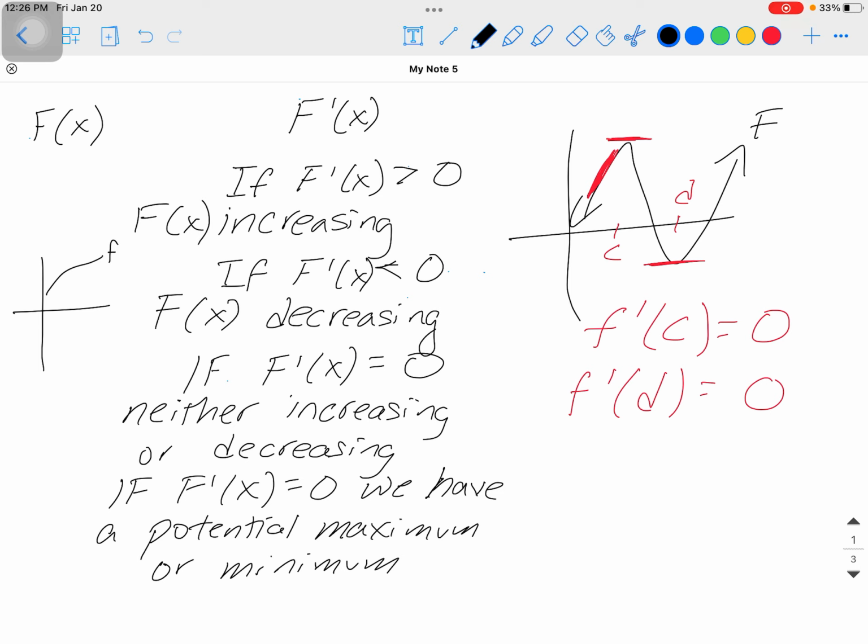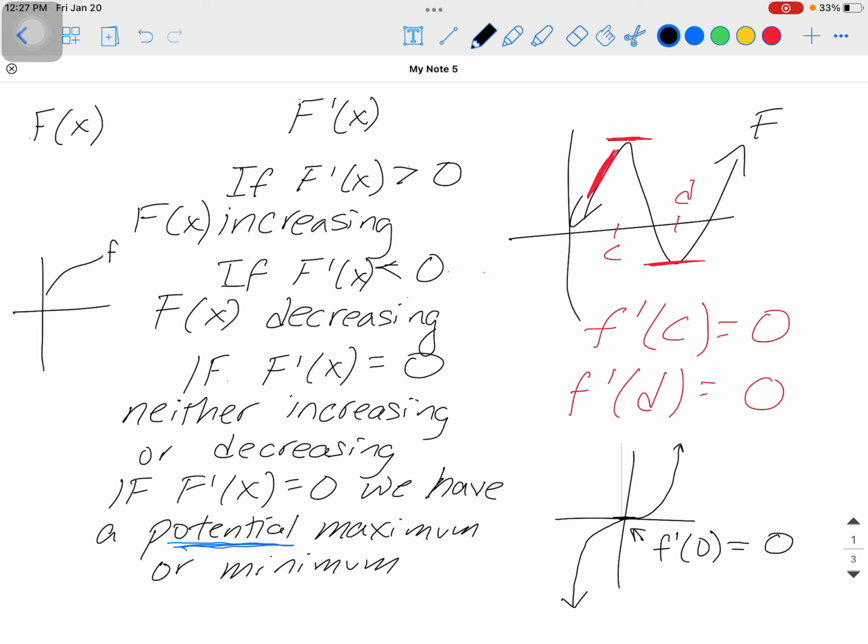There's also a third scenario. There's this word potential over here. But there's this third scenario where you could have a graph coming up, and there's this moment where the tangent line or the derivative, my graph's not perfect, but the idea is that at the origin, the slope is 0 there for just a moment, an instant.